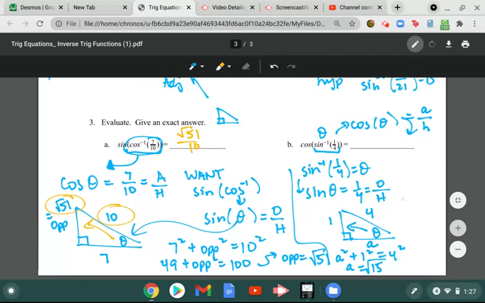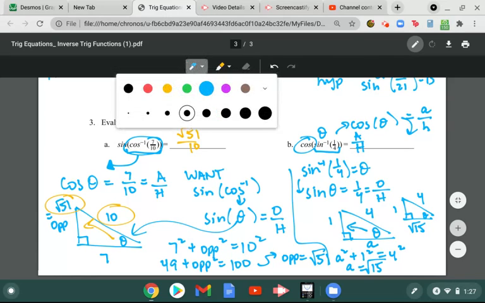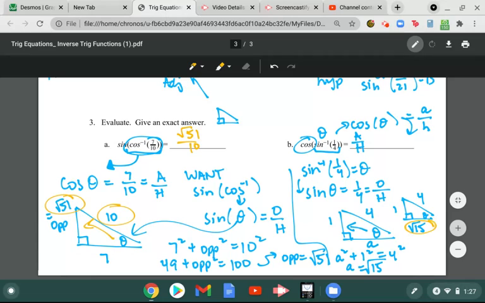So my triangle, let me redraw, it's kind of a mess. 1, 4, radical 15. This is theta. I need adjacent to find my cosine. Cosine is adjacent over hypotenuse. Adjacent is radical 15, hypotenuse is 4. So this is going to be radical 15 over 4.